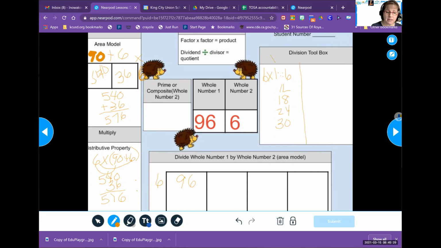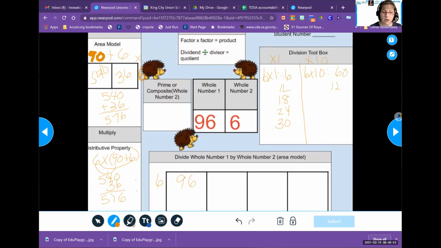So these are all my times ones, but this is where I'm sneaking in some extra skills that they need to know that they don't always connect. These are all going to be my times 10. So instead of 6 times 1, it's going to be 6 times 10. And so they get to start seeing the patterns.